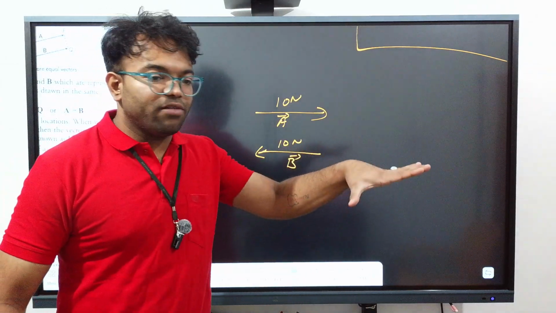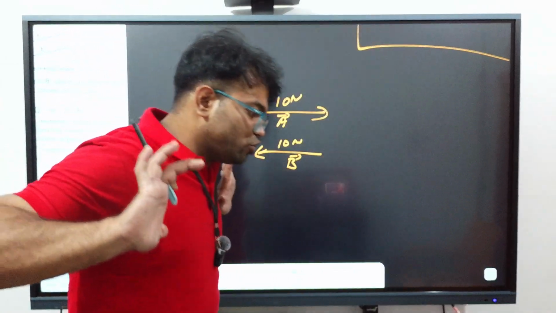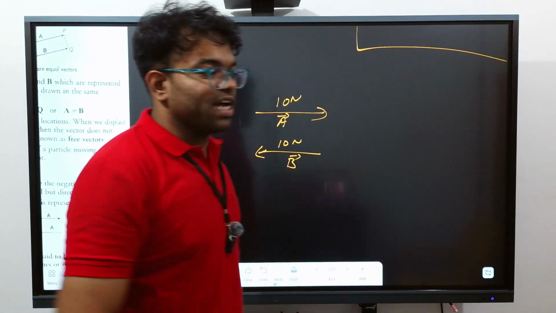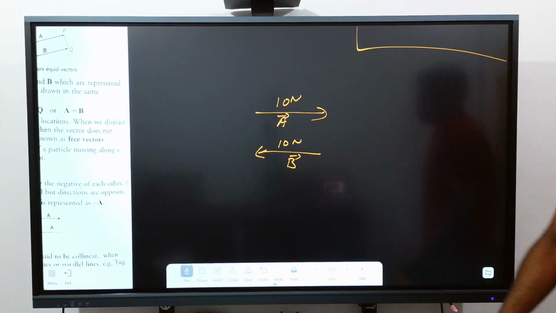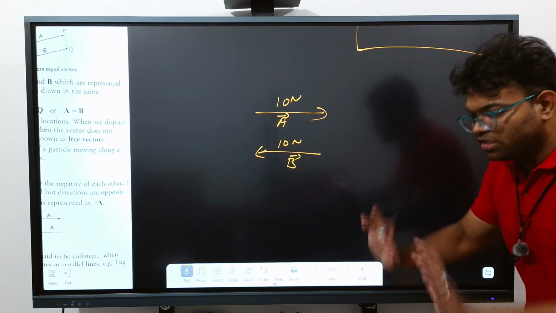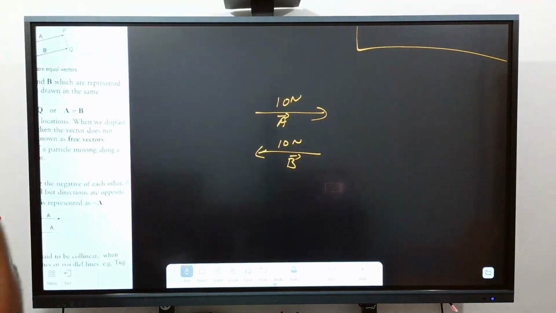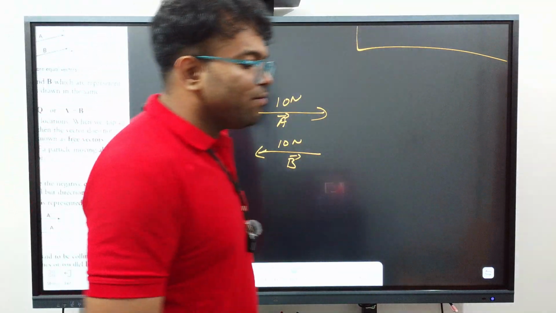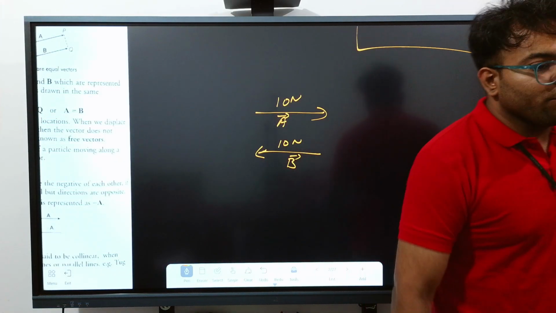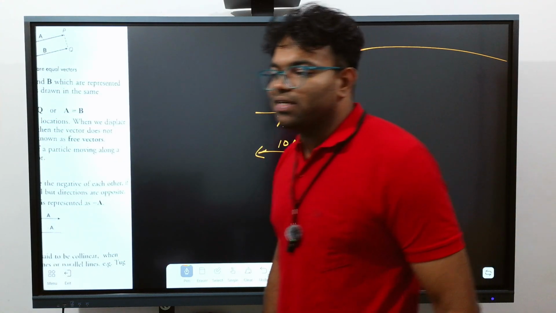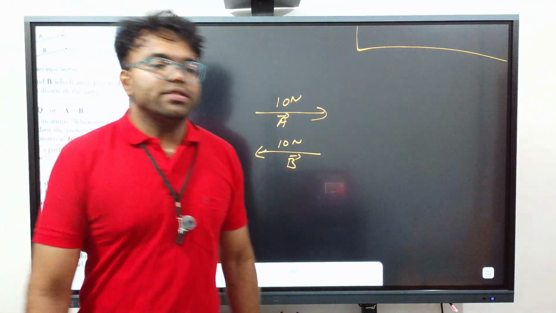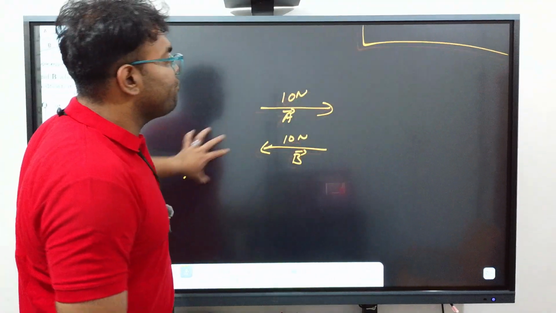Imagine this, there is a table in front of you and I am trying to push the table with 10 newtons of force in this direction and someone else is trying to push the table with 10 newtons of force in this direction. Will the table move? The table will not move, right? Because both the forces have cancelled each other out. So that is what we call negative forces.